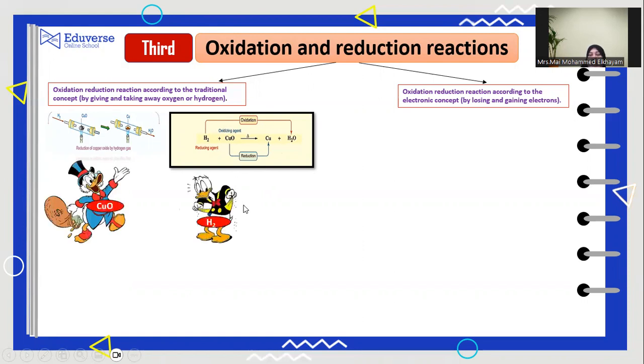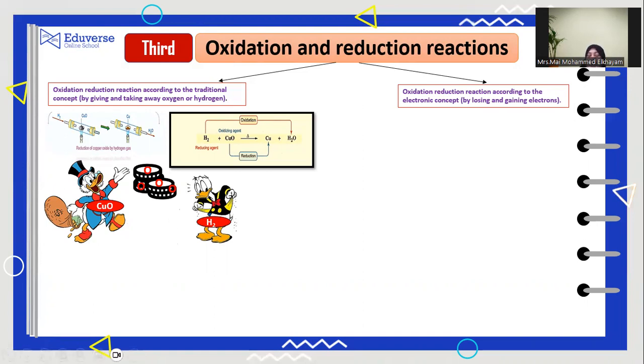Again, with this story, let's see it. MacDuck and Donald Duck. MacDuck is the rich guy. Let's say that he is the copper oxide. And he's rich because he has oxygen with him. While hydrogen here, Donald Duck, is the poor guy.